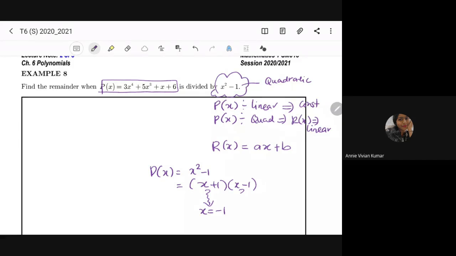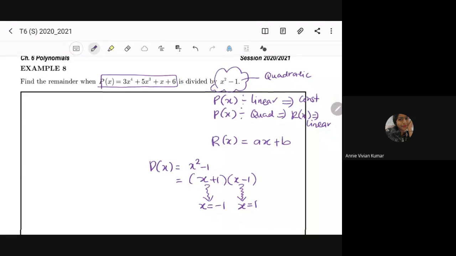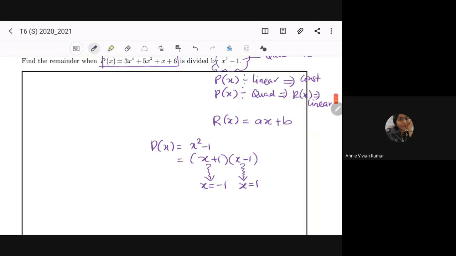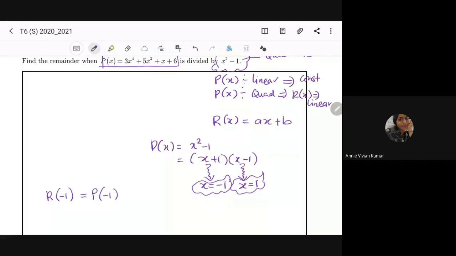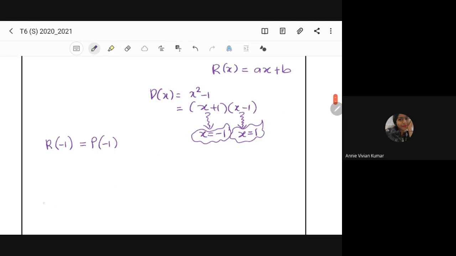From x minus 1, we will get x equals 1. Okay. So kita akan cari remainder when x is negative 1. Okay. So remainder of negative 1 equals polynomial of negative 1. And one more, remainder of 1 equals polynomial of 1.